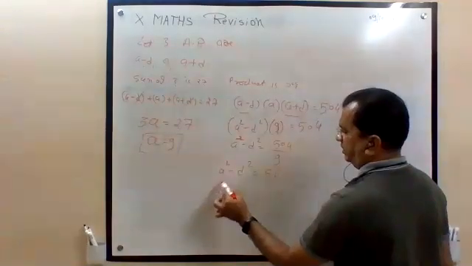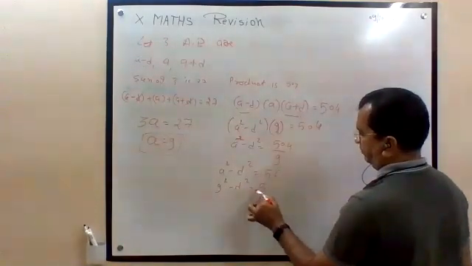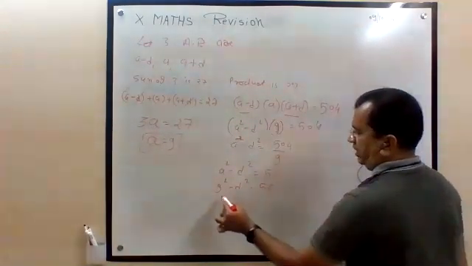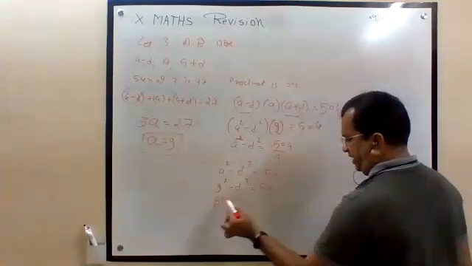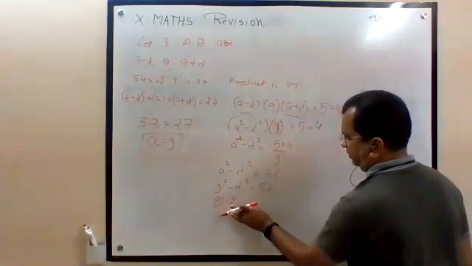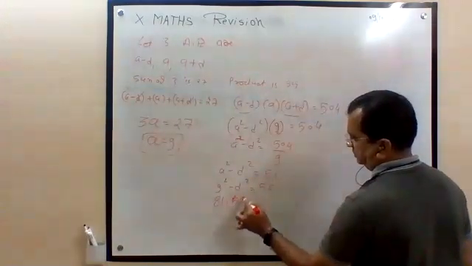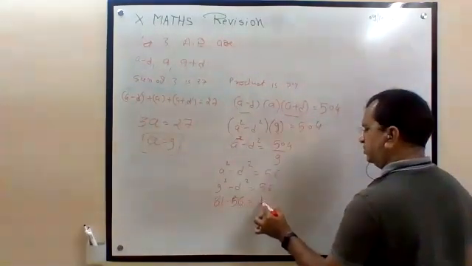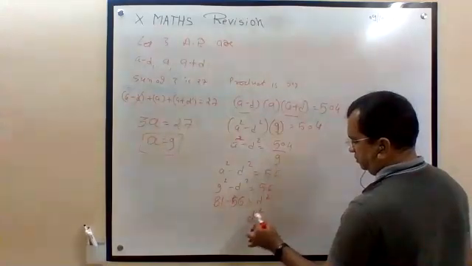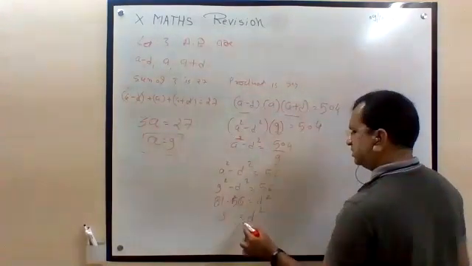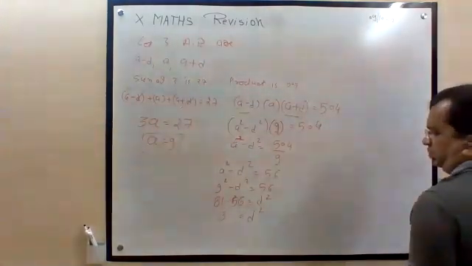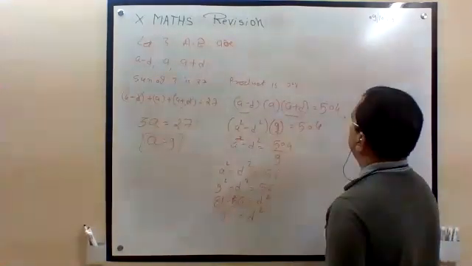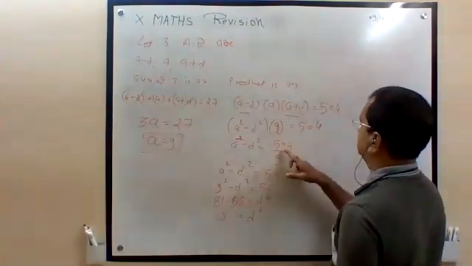Now A square is 81, so 9 nines are 81 minus 56 is equal to D square. So D square is equal to 25.